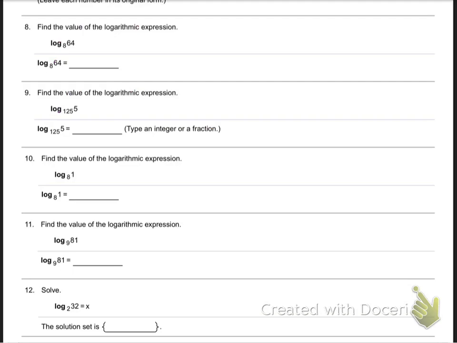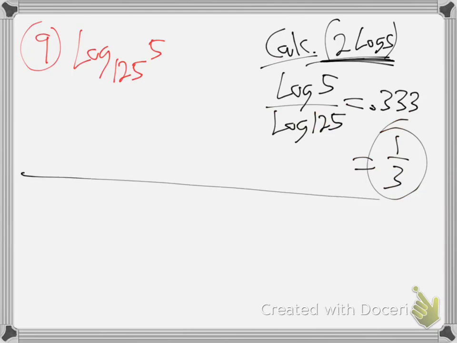Let's try number 10. Number 10 says log base 8 of 1. We'll try that one. Same thing. The top one goes on the top, the bottom one goes on the bottom. Use your calculator.